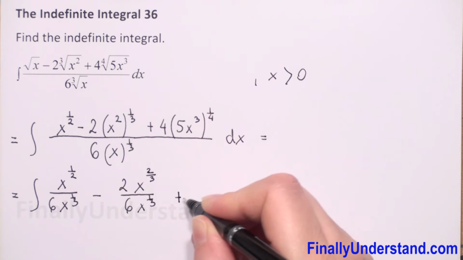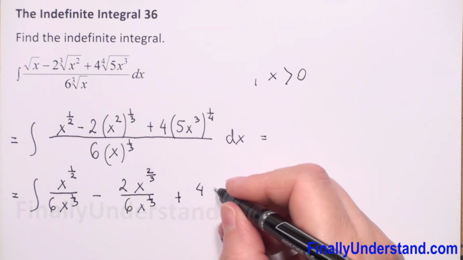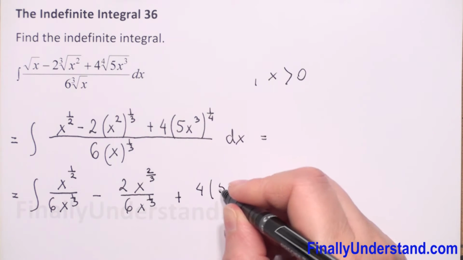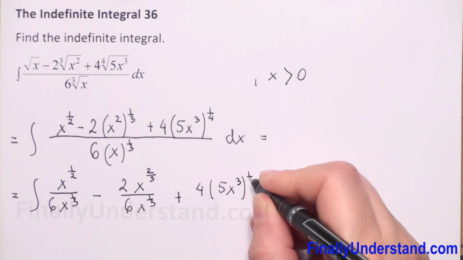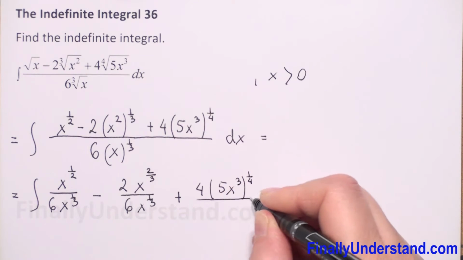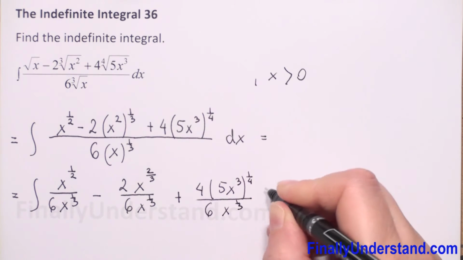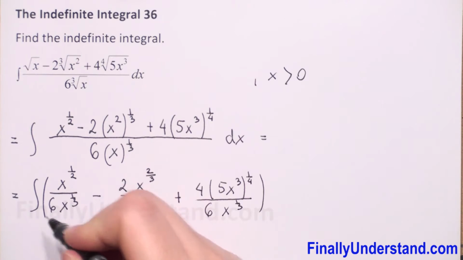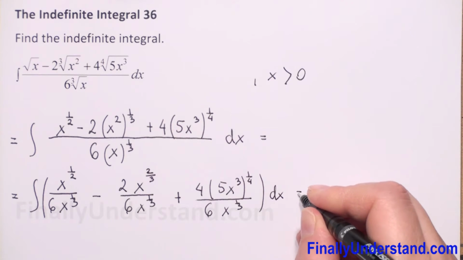Next we have 4 times 5x cubed to the power 1/4 over 6x to the power 1/3. This is the integral with respect to x. This is equal.